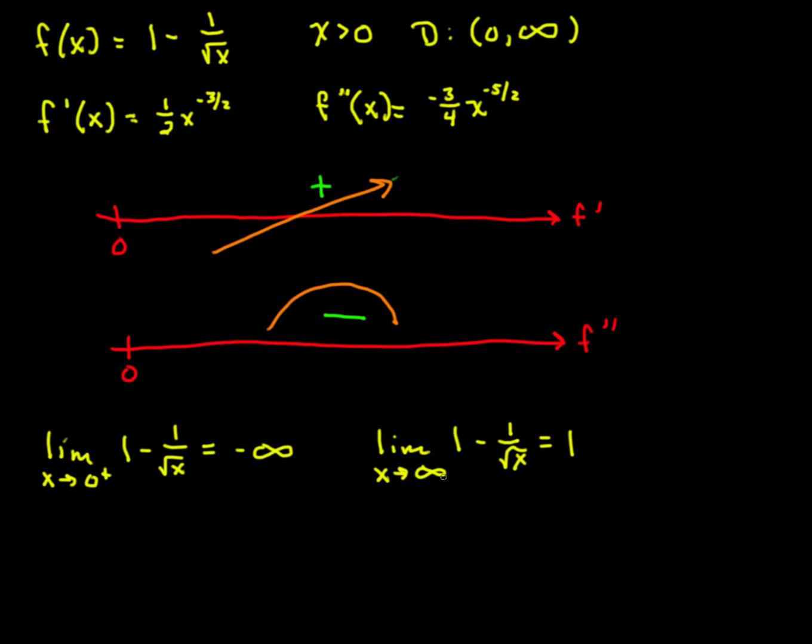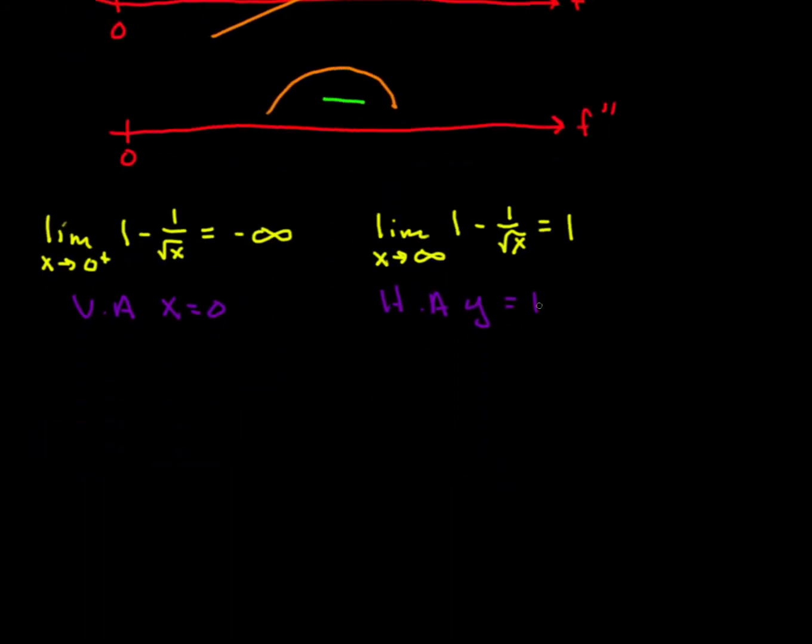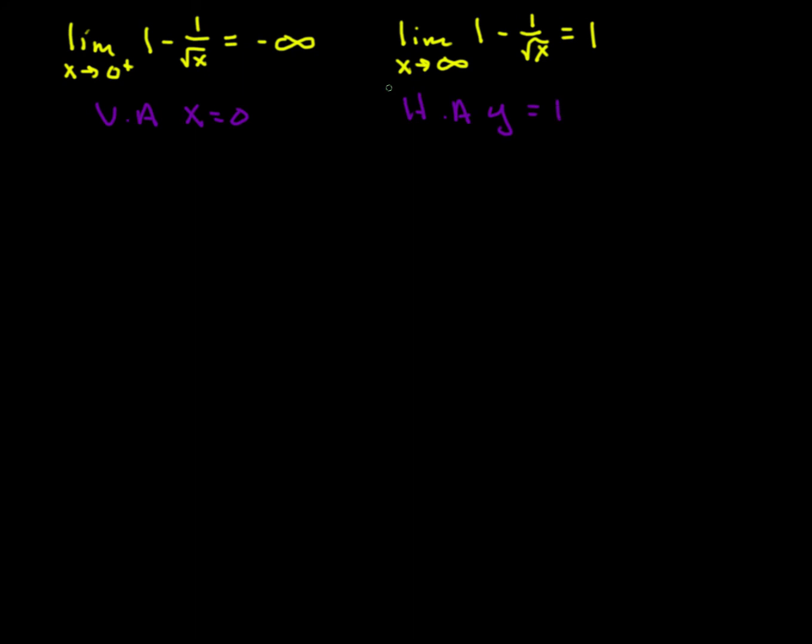So I've got a vertical asymptote at x equals 0, and I've got a horizontal asymptote of y equals 1 again. And we now have enough information. We can glue this all together to sketch the graph.